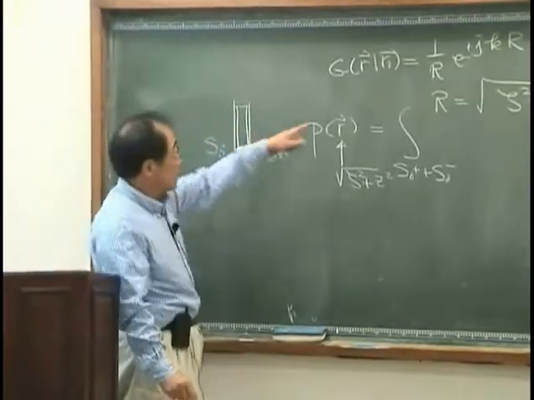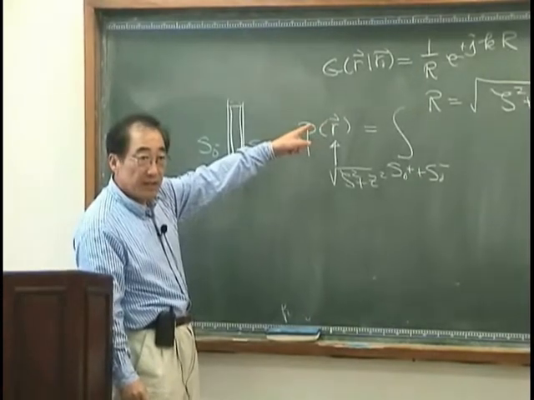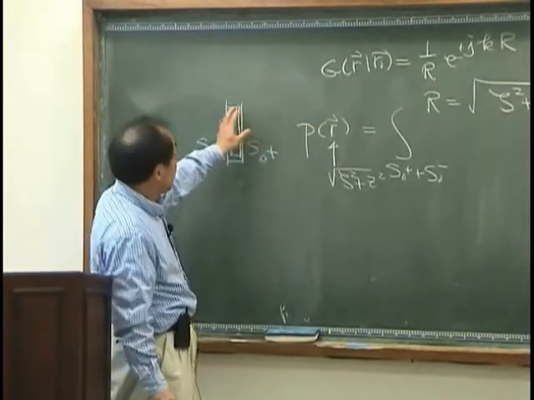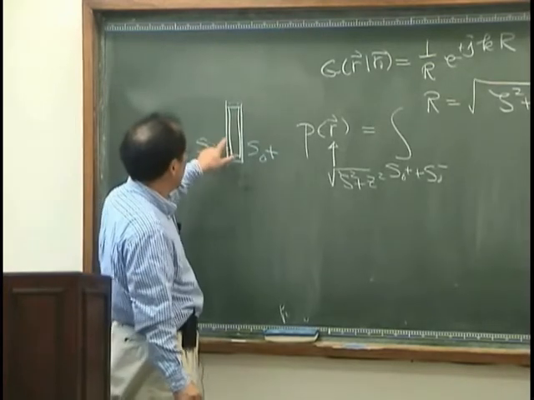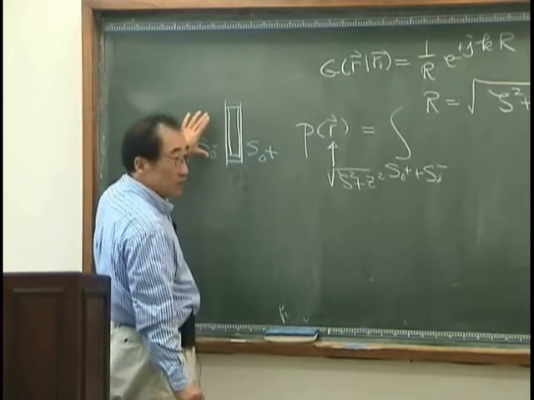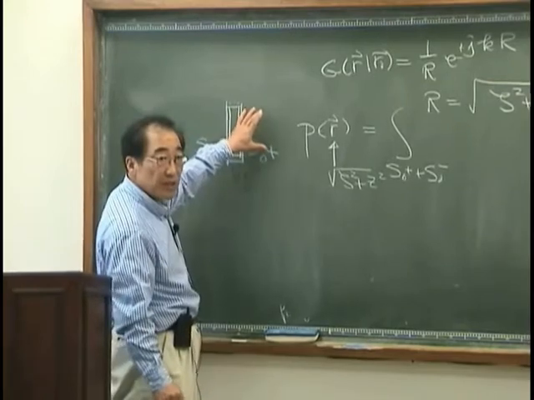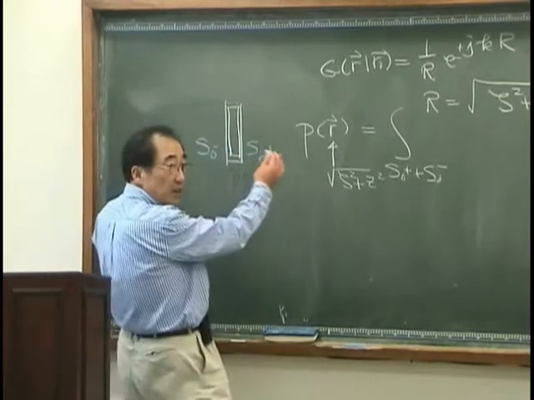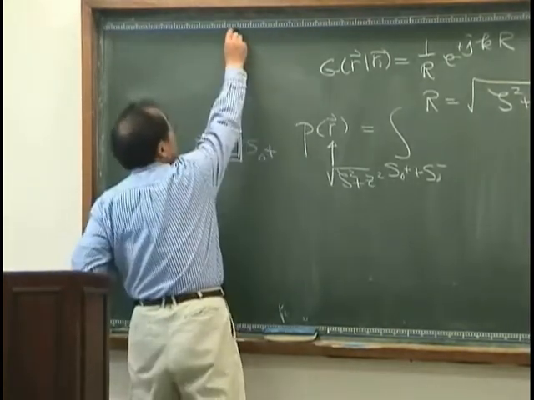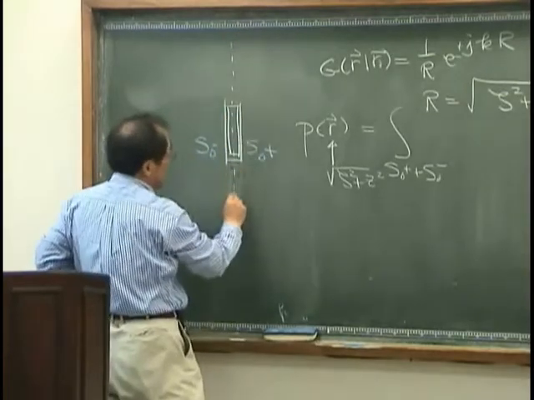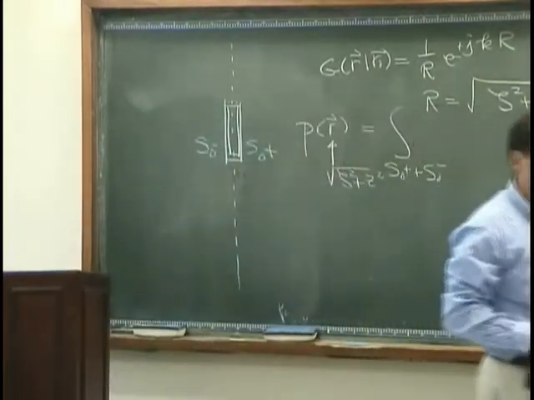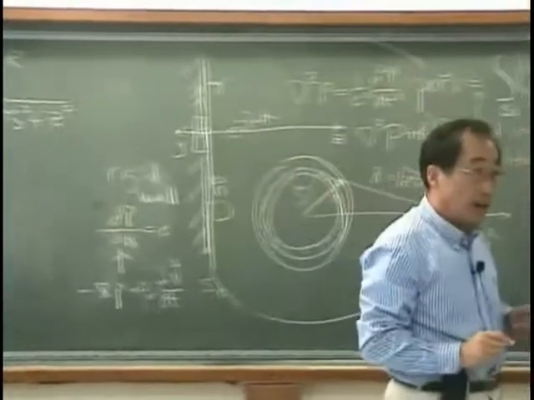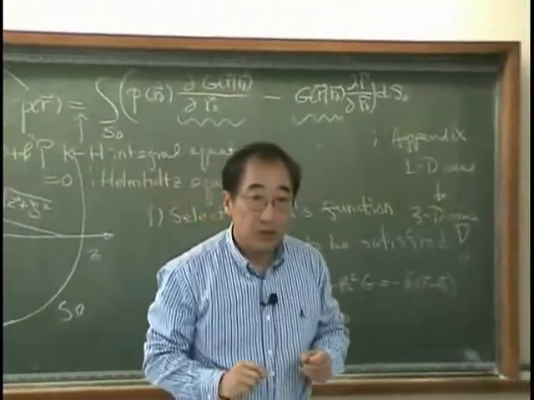If I select this as a Green's function, then the velocity induced by the vibration of this surface and this surface is symmetric. Therefore, the velocity on this imaginary surface is zero, therefore satisfying rigid wall boundary condition.